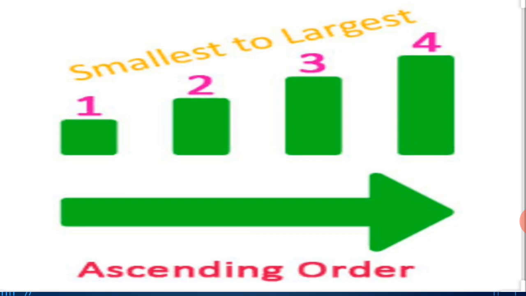After 3 comes 4. So students, 4 is greater than 3. Very good. So over here we went from the smallest number to the largest number. So students, ascending order is nothing but going from the smallest number to the largest number.